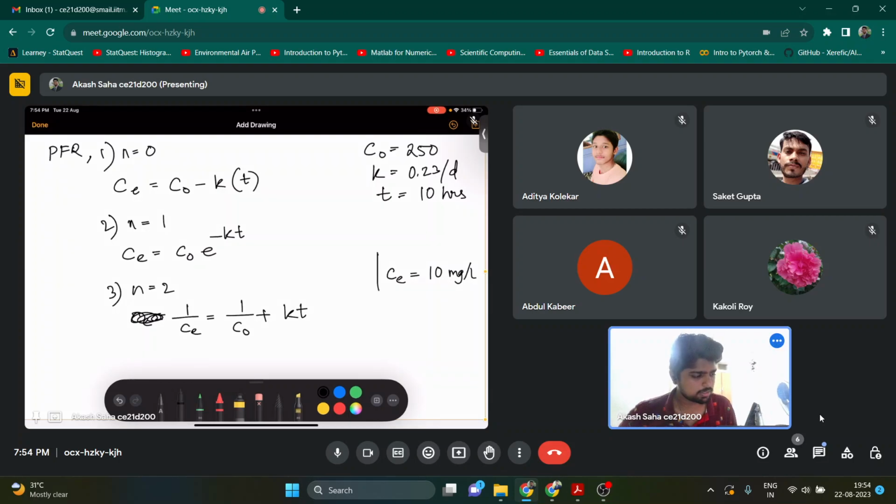For this time we will forget about the value of Ce. We will put these values in the equations and try to find out the Ce for each of the orders: zeroth order, first order and second order.